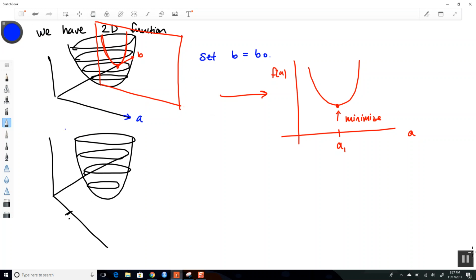we will try cutting a slice like this now. Okay, and then when I do this, maybe the picture looks like that. I've cut a slice through the bowl in this direction.